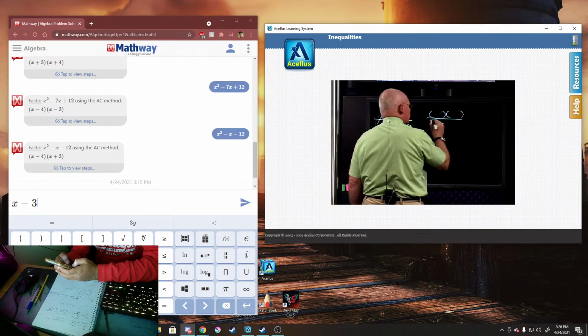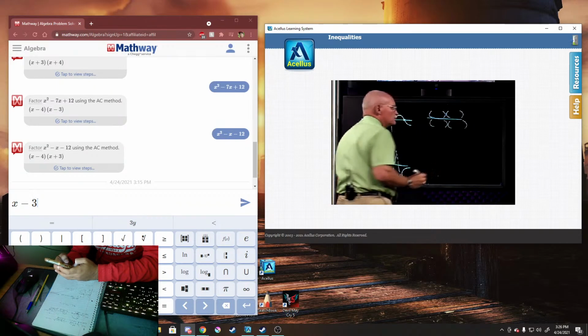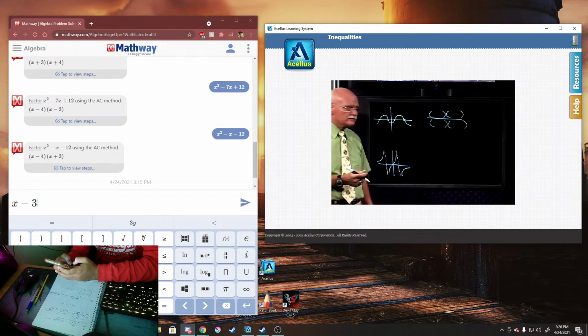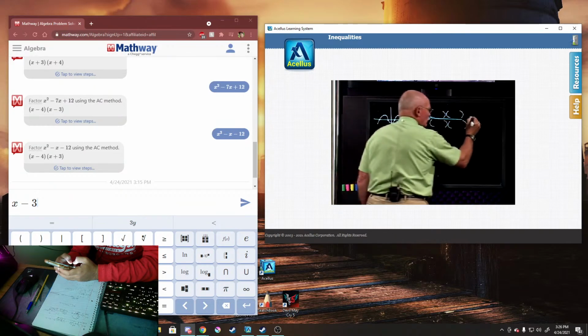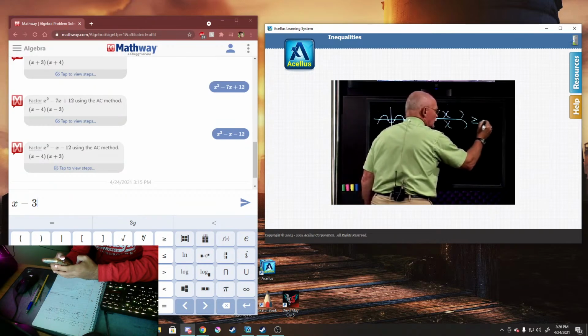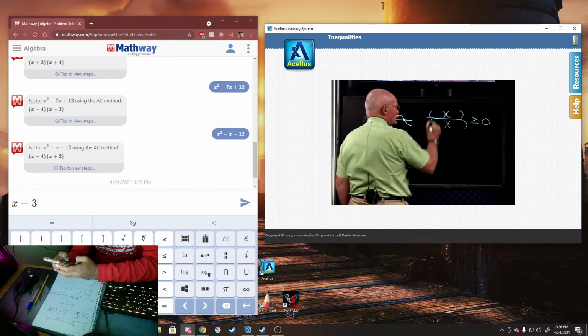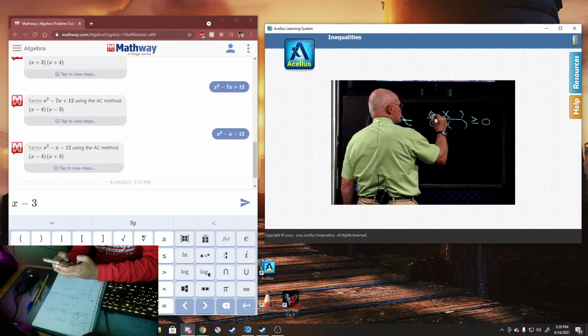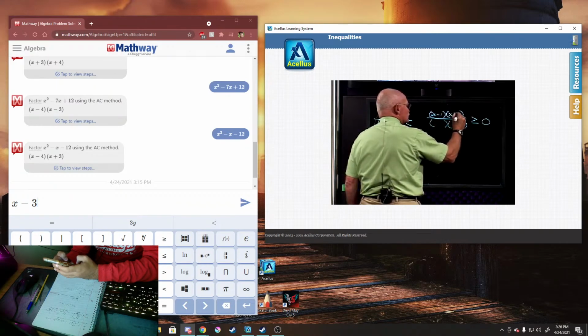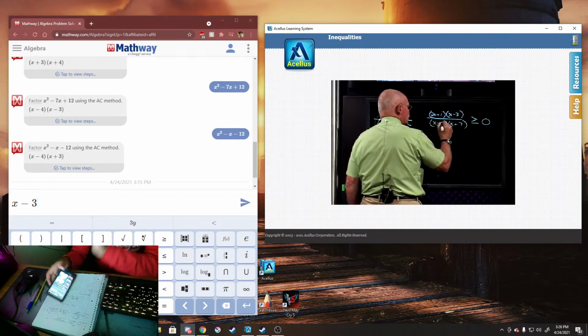Let's say we have a rational function that has 2 factors in the numerator and 2 factors in the denominator, and we want to know where is it greater than or equal to 0. Now let's say that our factors are 2x plus 1, x minus 3, x plus 7, and x minus 4.